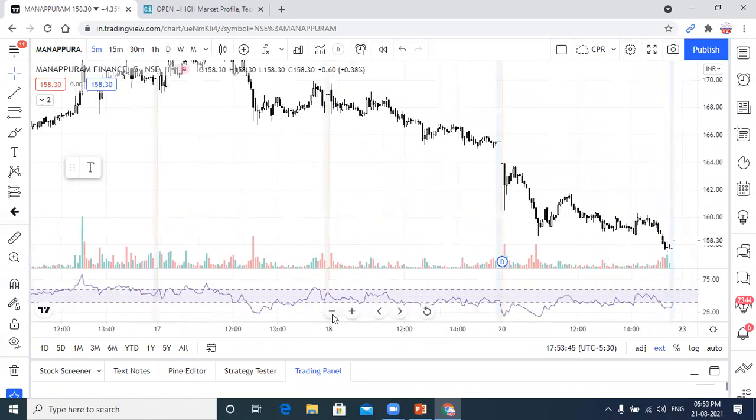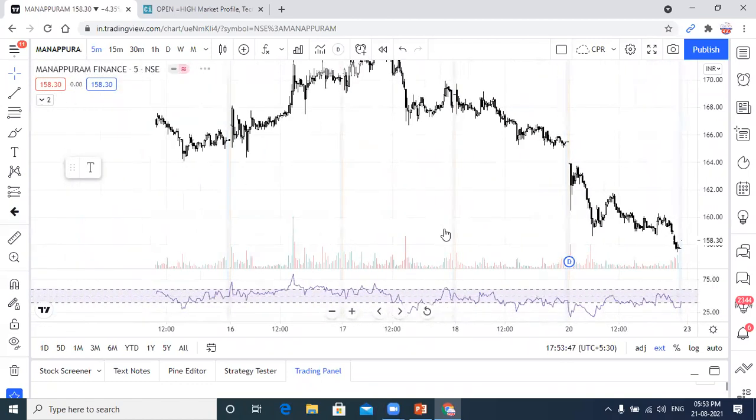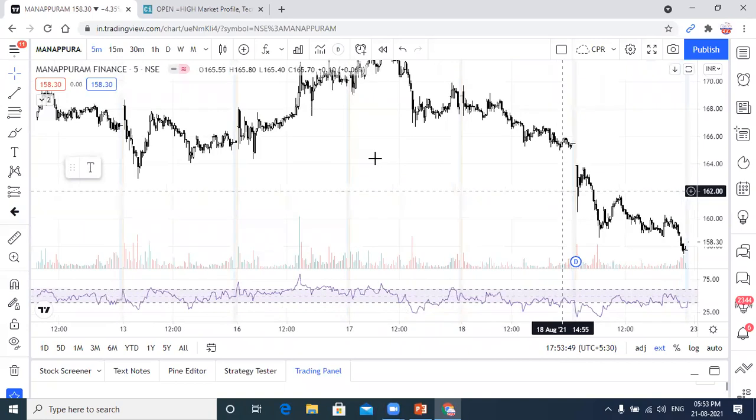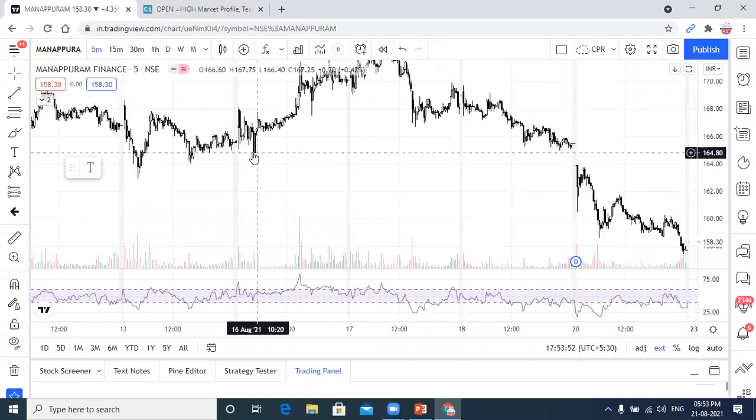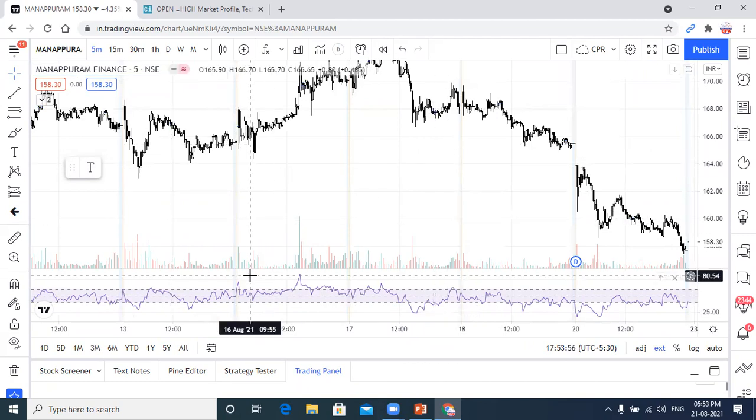Okay, so I will go into the past and we will try to identify the same setup in Manappuram Finance. Let's see if you can identify it.